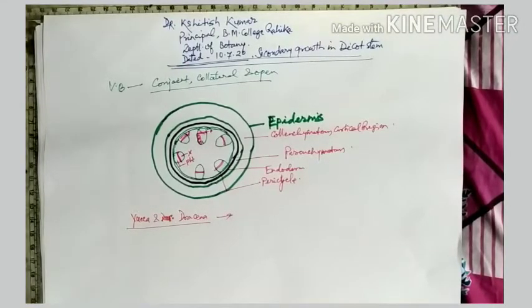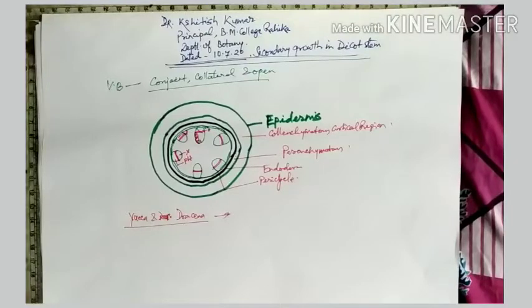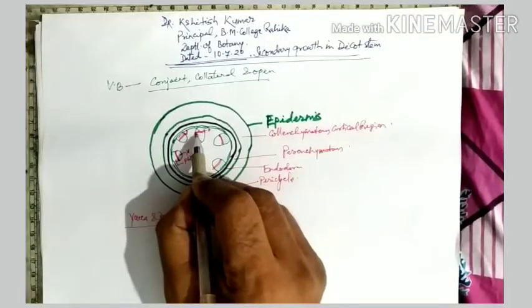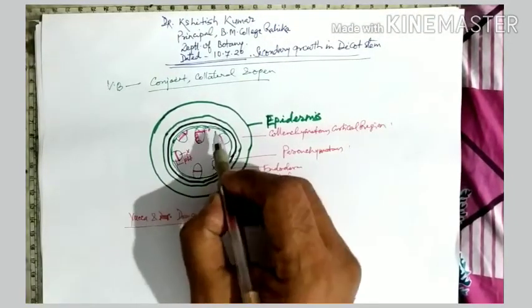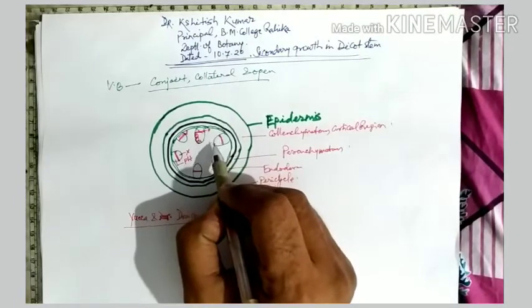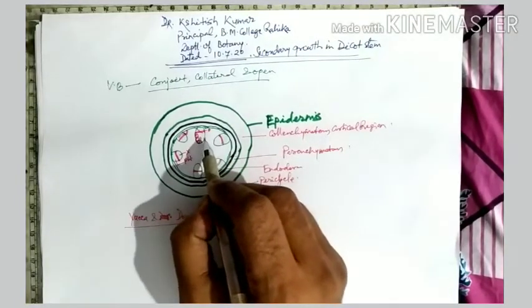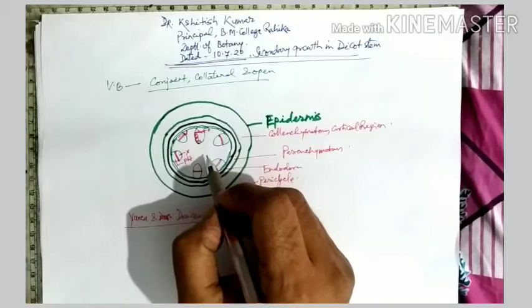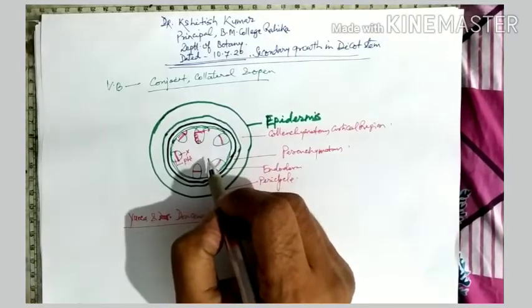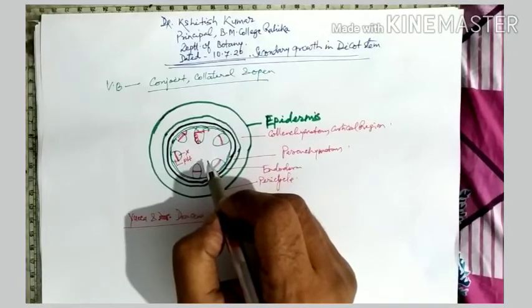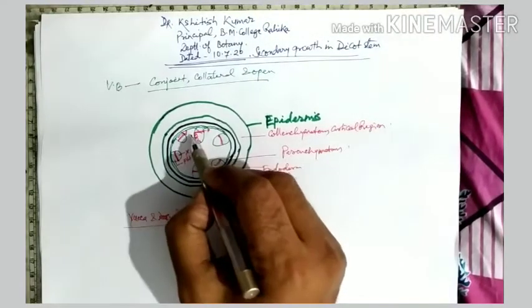In the dicot stem, now we start the secondary growth in dicot stem. What happens? In the dicot stem, the strip of cambium which is in between the vascular bundles is activated and it forms the ring of cambium.